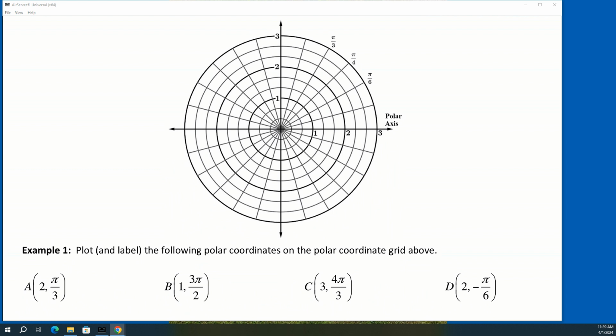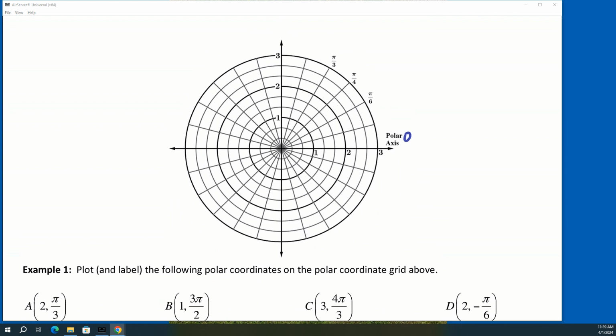So the angle straight to the right is 0 radians. Straight up is going to be pi over 2. And then this is going by twelfths as we go around from 0 to pi. So the first one on each side of the axis is not going to be labeled.